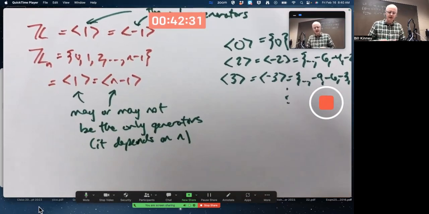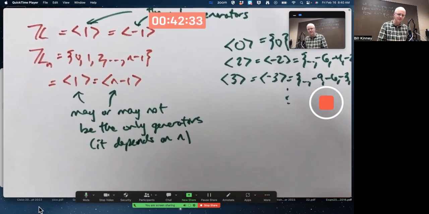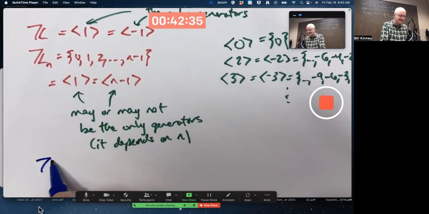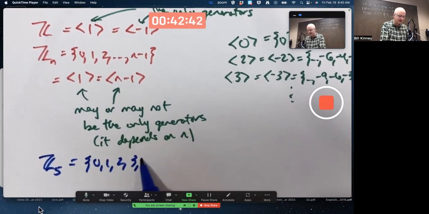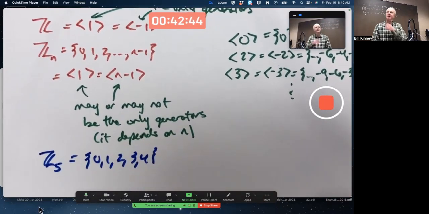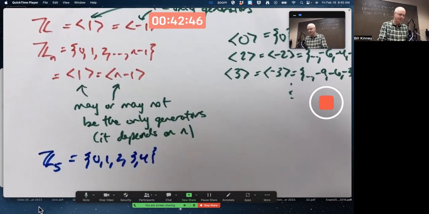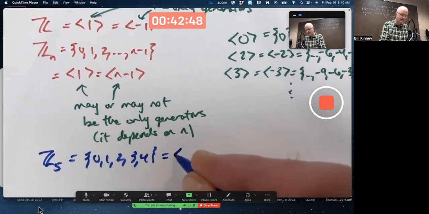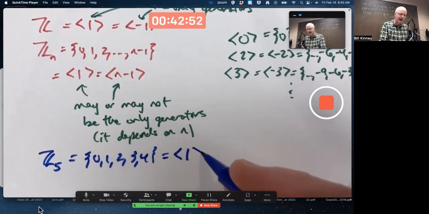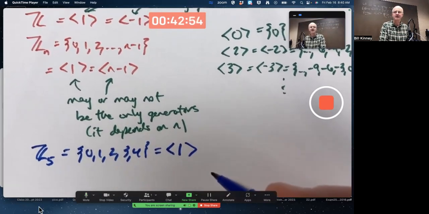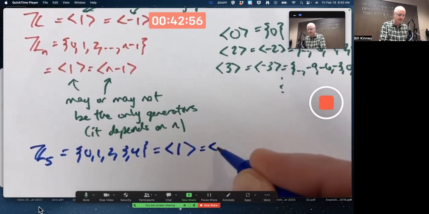To give you a couple examples, Z5, for example, actually has 4 generators. 1 and 4 are certainly generators, 4 being 5 minus 1. But every non-zero element is actually a generator.